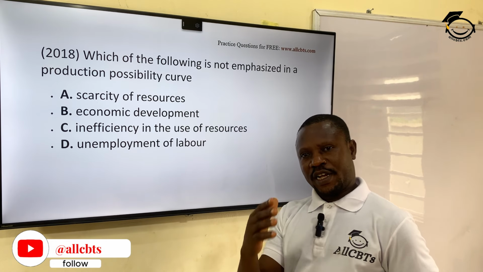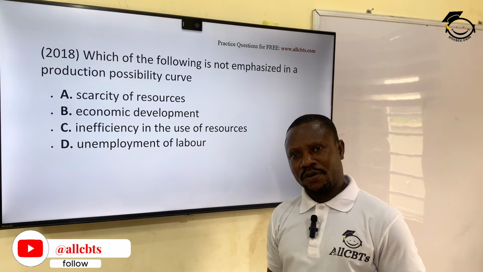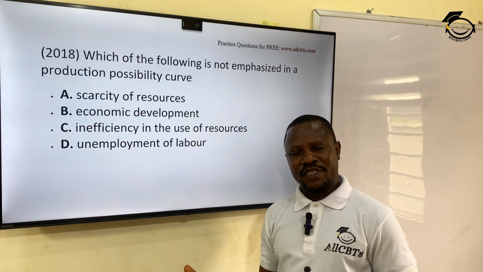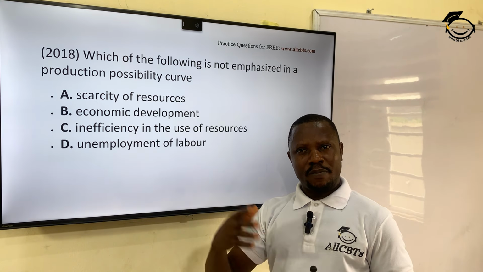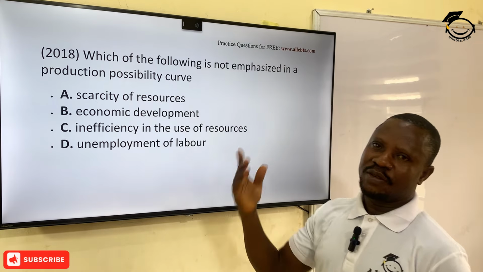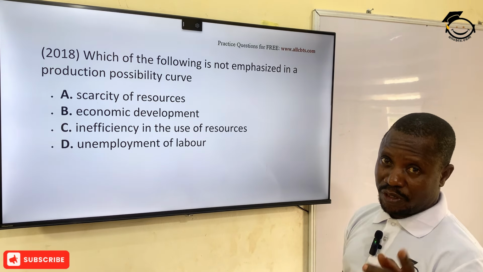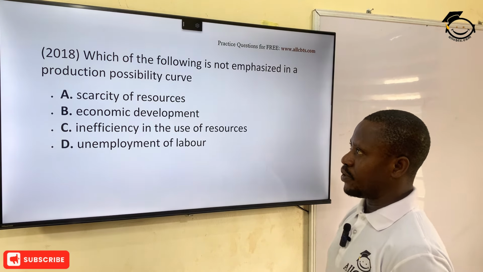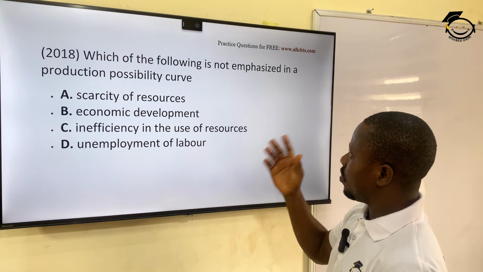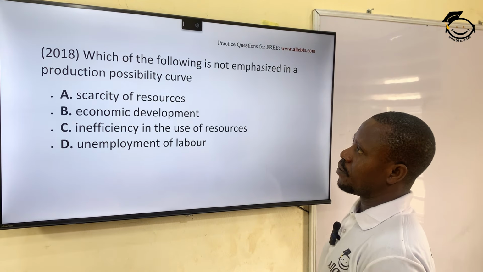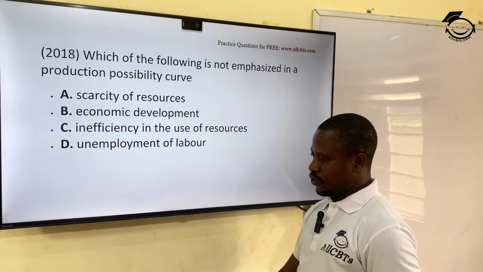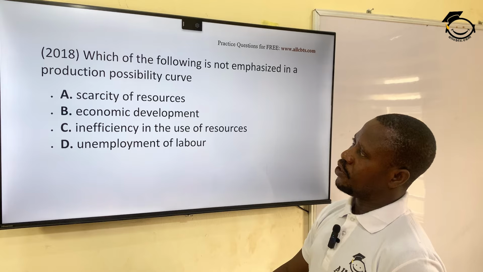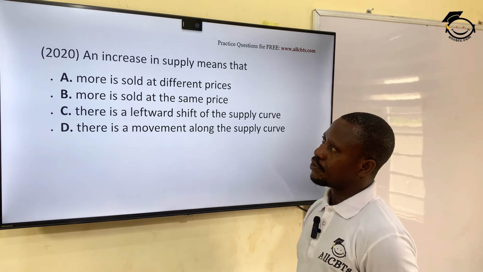It is over the time when the growth is sustained in the long run and technological advancement is added and proper management of resources, then it may lead toward development. And I also mentioned earlier that a country can experience growth but not experiencing development. So economic development is not emphasized in PPC, production possibility curve. Option B is good to go for this question.